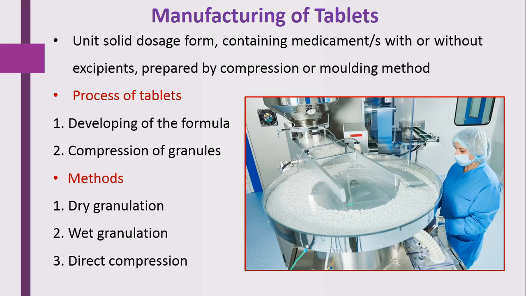Then these slugs are subjected to sifting, that is nothing but sieving, through the designed mesh, and after that the lubricants are mixed with these particular mixtures and they go for the compression process.